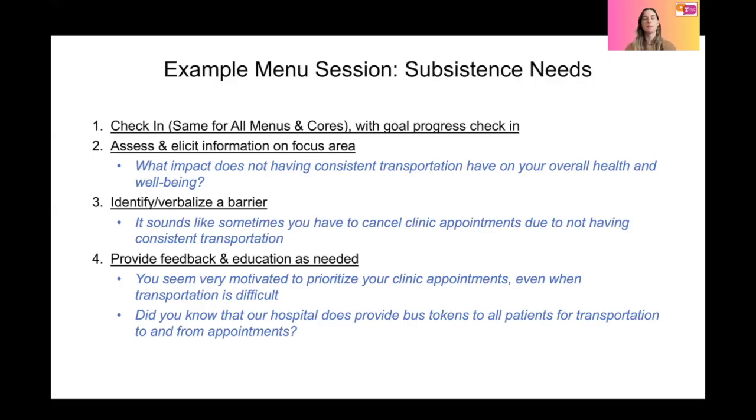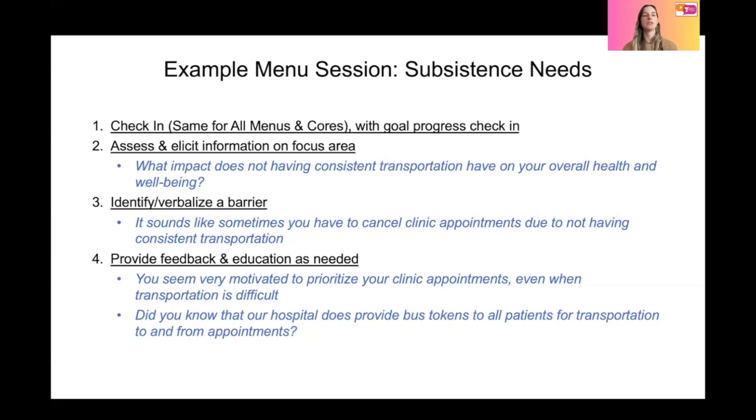So it sounds like sometimes you have to cancel clinic appointments due to not having consistent transportation. So we have a focus area of transportation getting in the way of their health and getting to their appointments. And then we have that barrier of having to cancel appointments when they don't have transportation. Then you can provide feedback and education as needed.